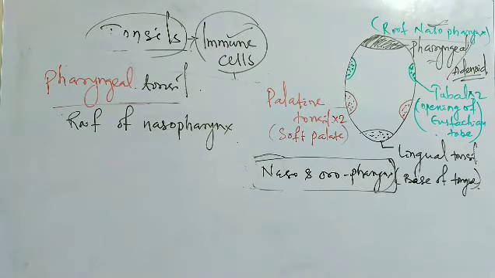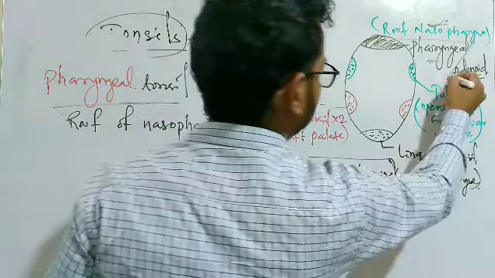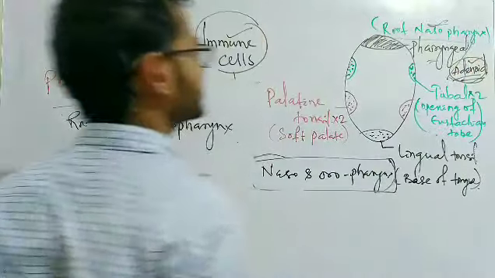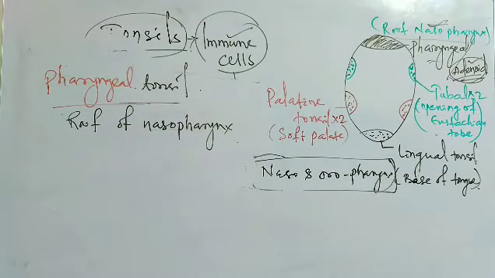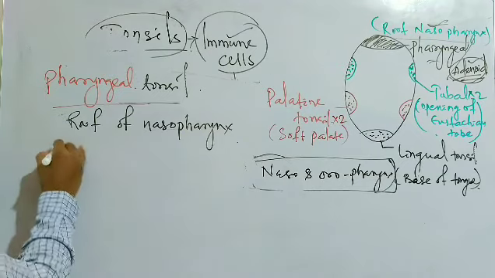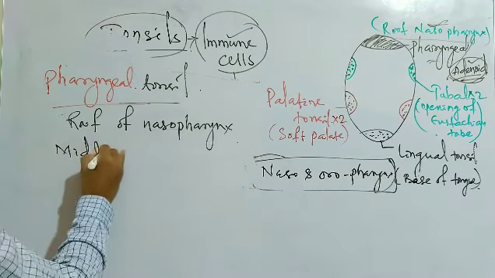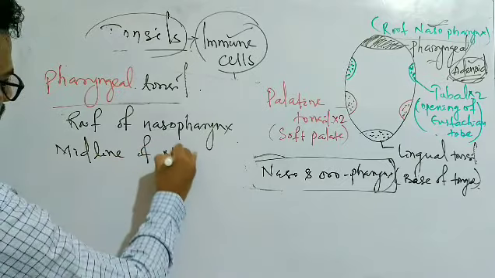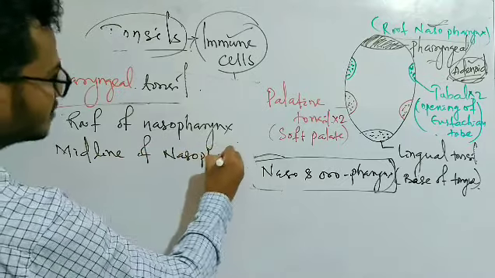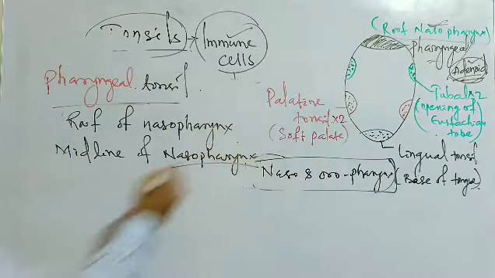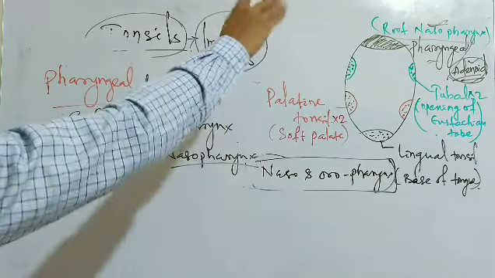Clear? When enlarged, it is called adenoid. When the pharyngeal tonsil is enlarged in size, it is called adenoid tonsil also, and it is present in the midline of nasopharynx. Clear? At the midline of the nasopharynx, and forms the superior most part.